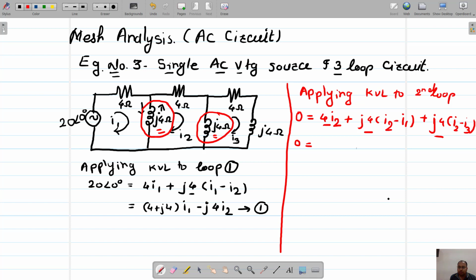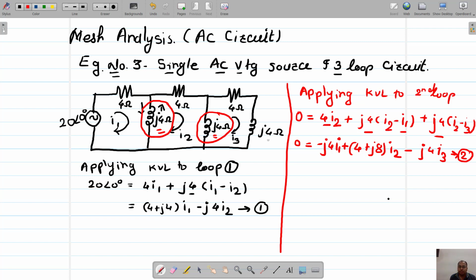It will be 4 plus J8, into I2. What will be the I1 term? The I1 term is J4 into minus I1, so it will be minus J4 I1 plus (4 plus J8) I2 minus J4 I3. Is this your second equation? Yes.